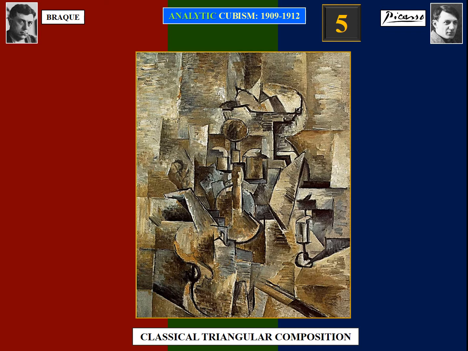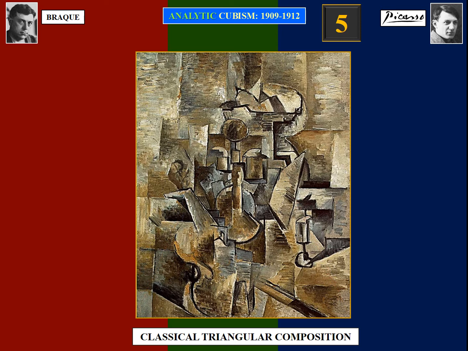Another feature of analytic Cubism, the compositions are arranged in a triangular configuration. Let me impose a triangle right there, and I'm going to take it away. Maybe you can see how these visual elements are subtly arranged.